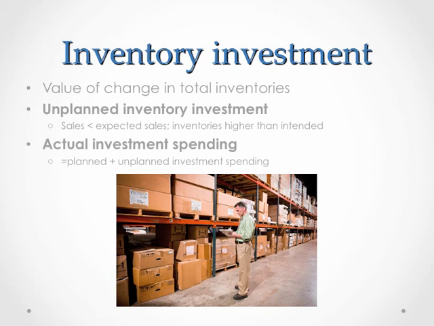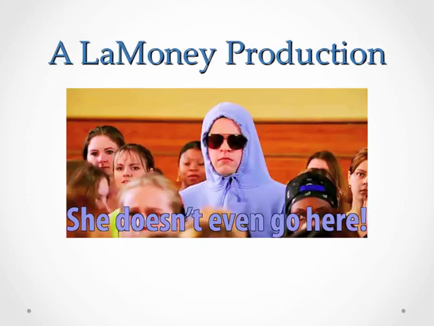They had planned to sell a whole bunch of stuff and it's still sitting on their shelves. So we call that unplanned inventory investment spending. Remember, it does count as GDP because it goes into this category as I, and that's pretty much all there is to say about that. Actual investment spending is equal to planned plus unplanned investment. So planned is the investment they intentionally undertake. Unplanned is the result of leftover higher inventories than what they expected.